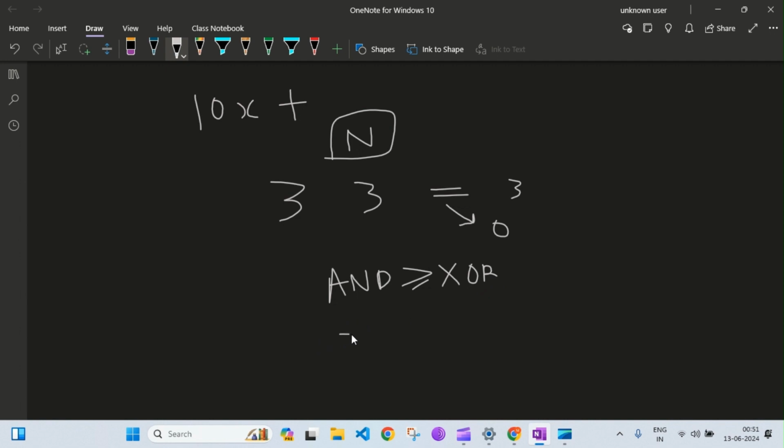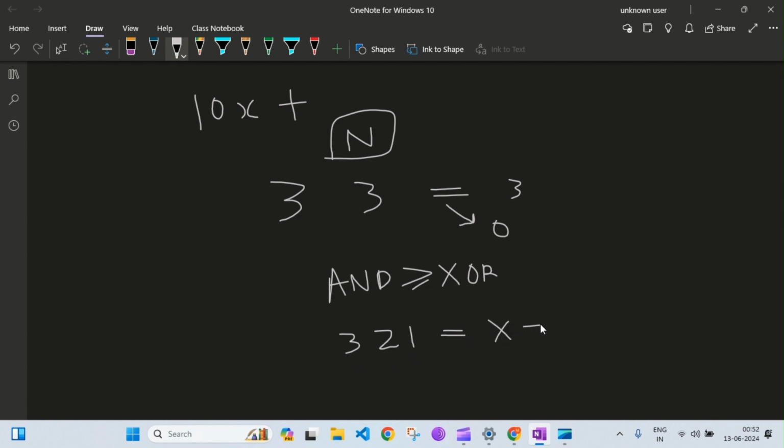So what I did was this: 3, 2, 1, right? If you consider this 2 and 1, it gives XOR 3, and this 3 and this 3 will total give an XOR of 0, right?